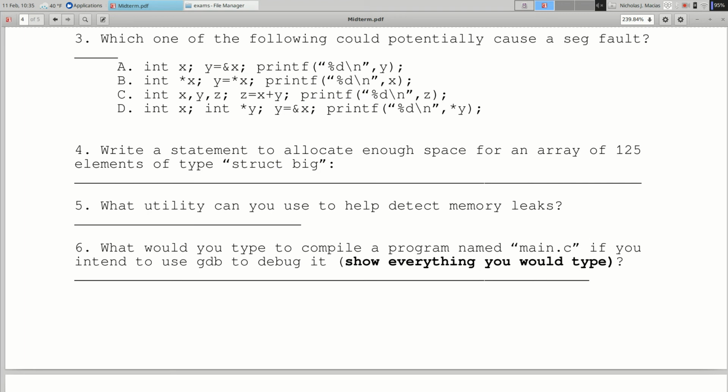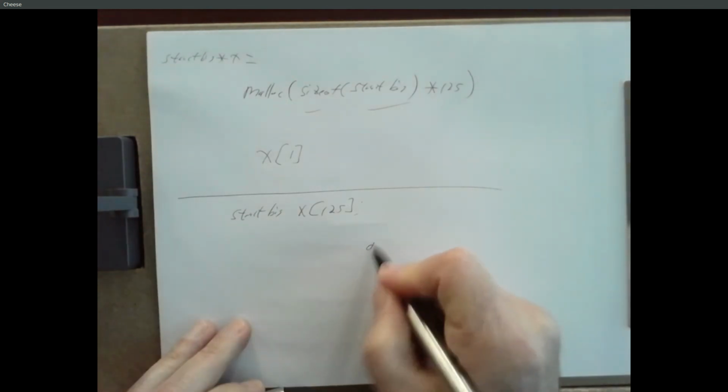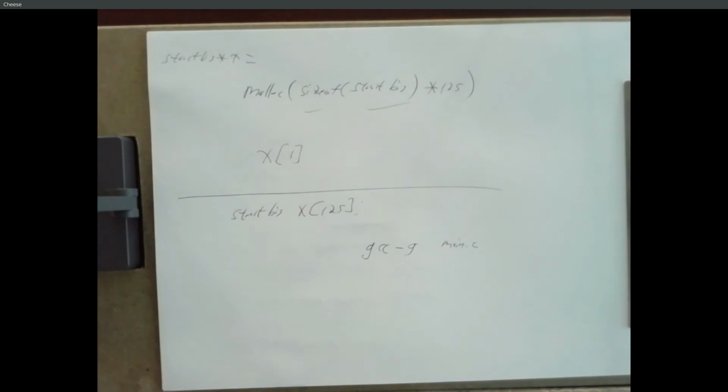What utility helps you detect memory leaks? Valgrind. All right. Compile a program named main.c if you intend to use GDB to debug it. All you need is gcc -g main.c.